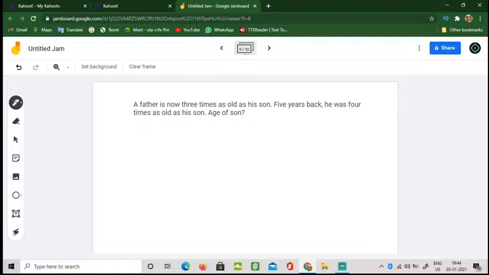If you see this question, it is speaking about the present: a father is presently 3 times as old as his son. Let the son's age be x.